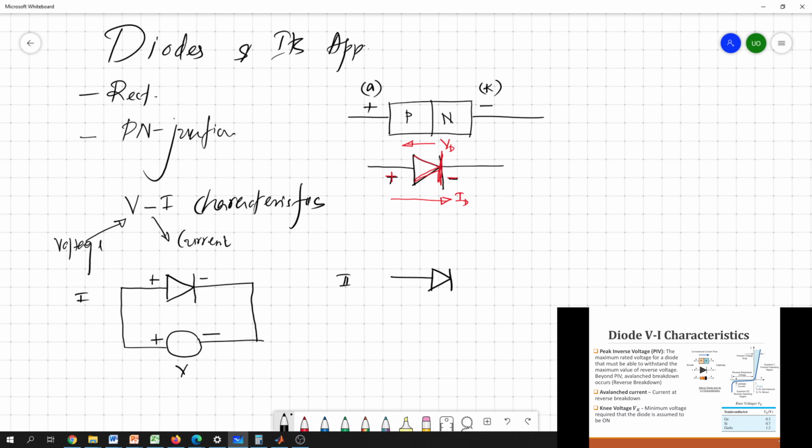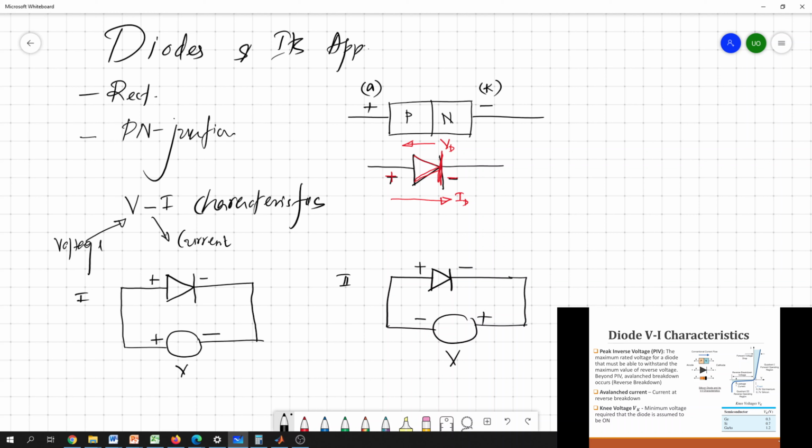So the second is like this. So we have the diode, and we can connect the source the other way around, positive and negative. In this case, we connect the positive terminal of the diode to the negative terminal of the source. Plus to minus and minus to plus.